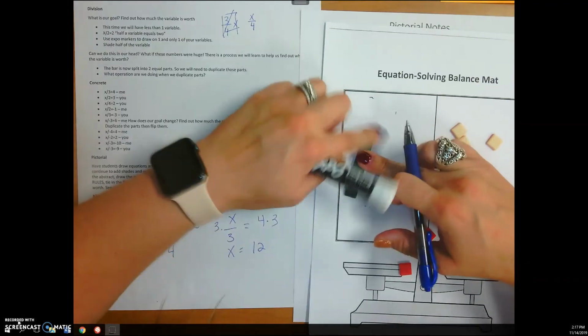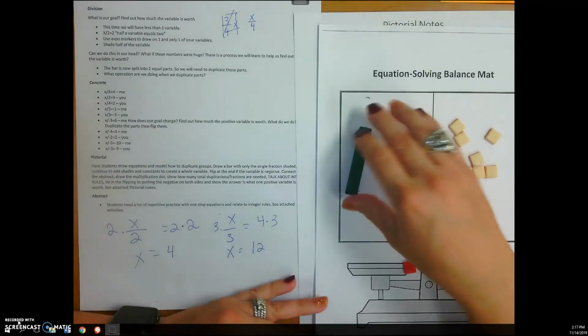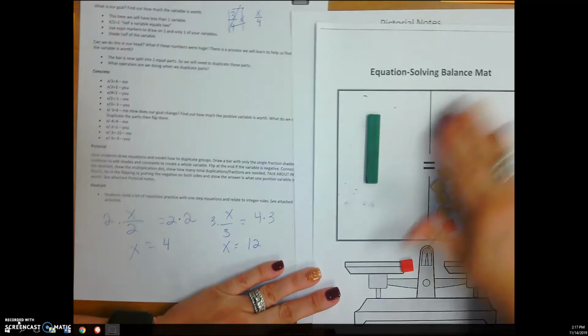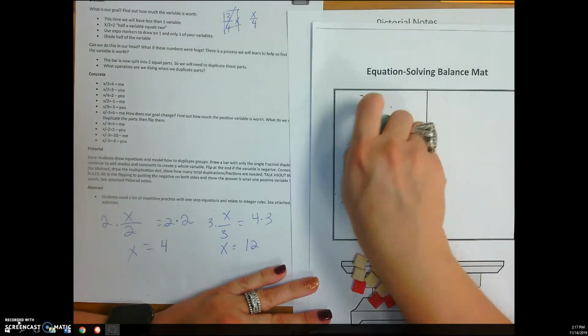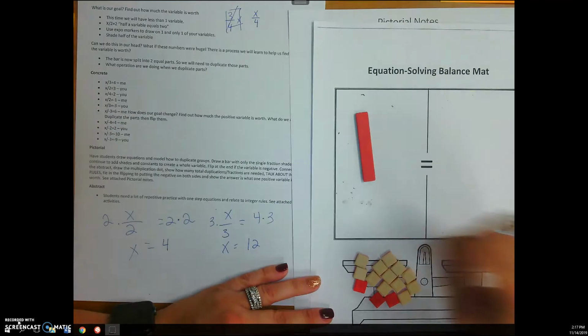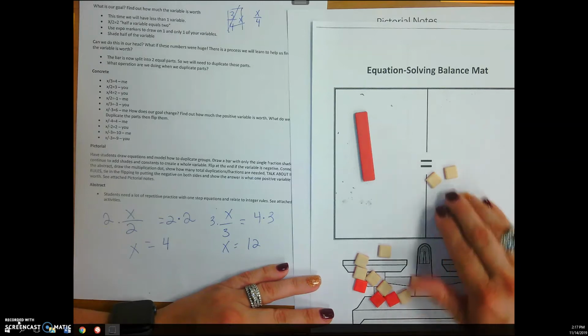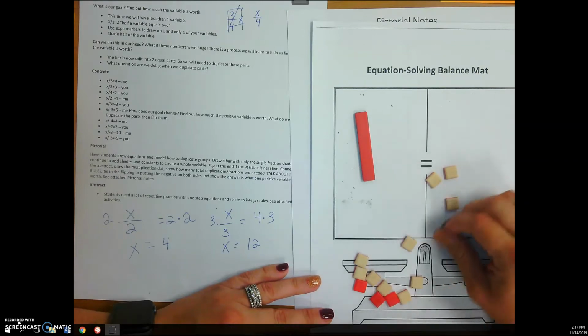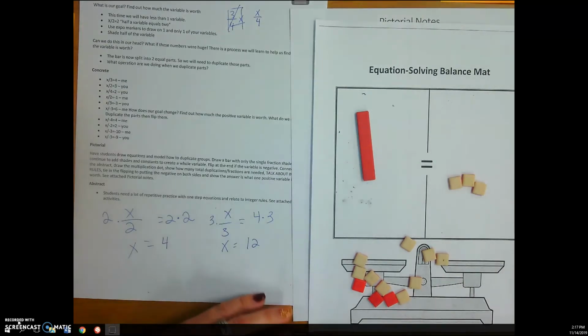So if you were to do a negative example, we're going to do x divided by -3, or negative 1/3 of a variable is 3. This one's a little much, so I'm going to say 3. So we're going to duplicate that.